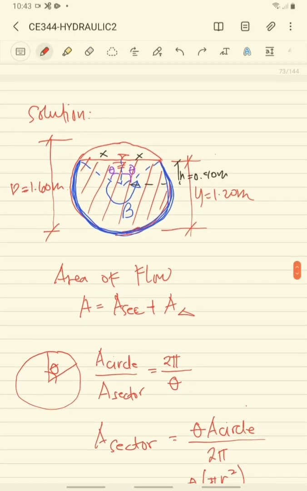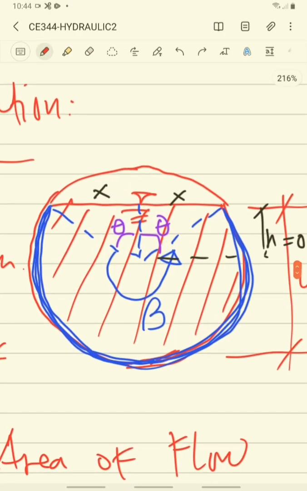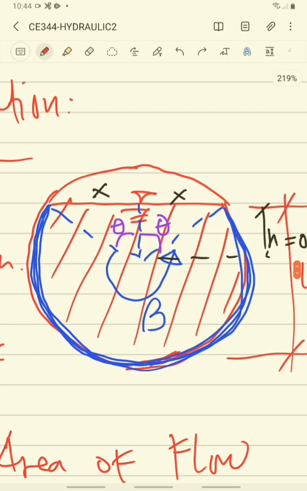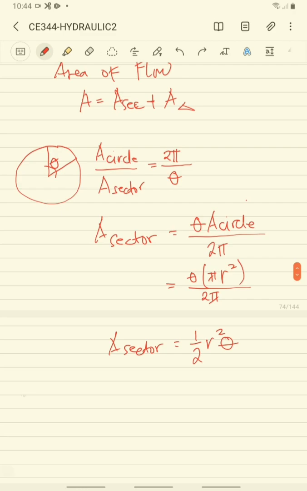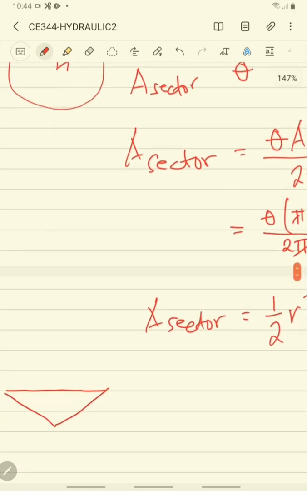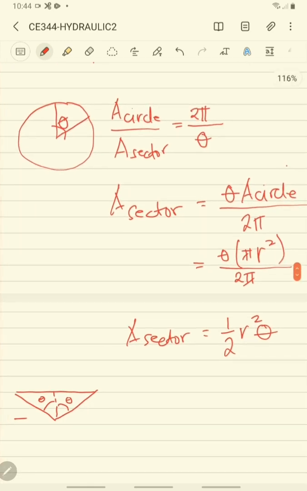For the area of our triangle, we have this. So the angle is theta. You also have your theta. This is your h. This is your radius.